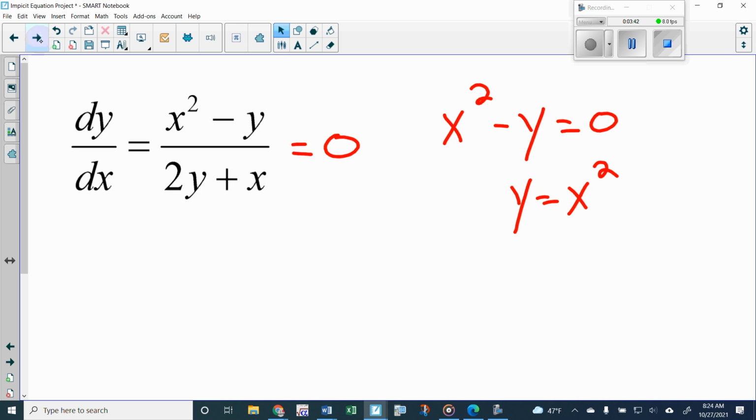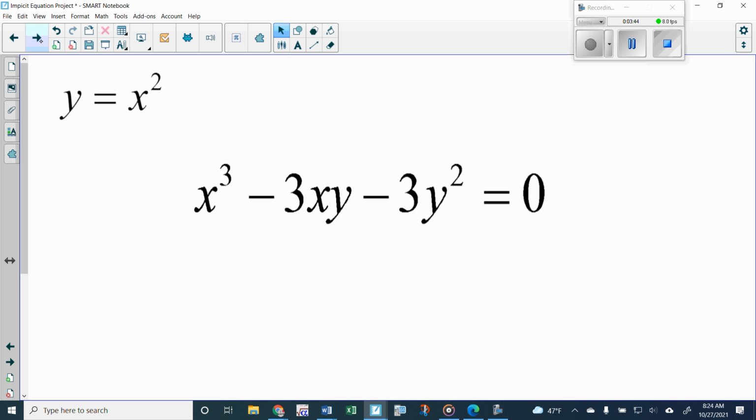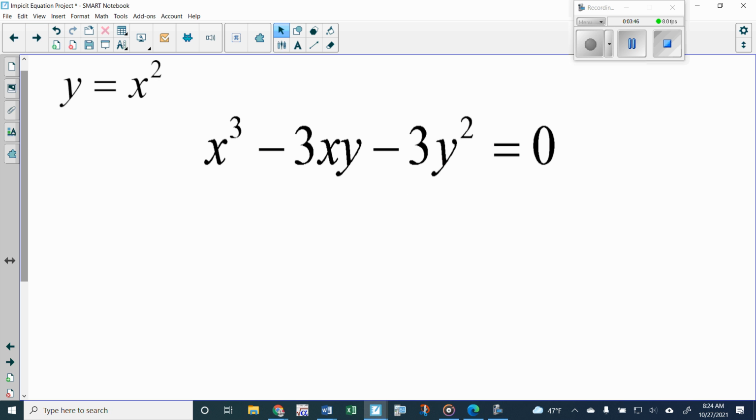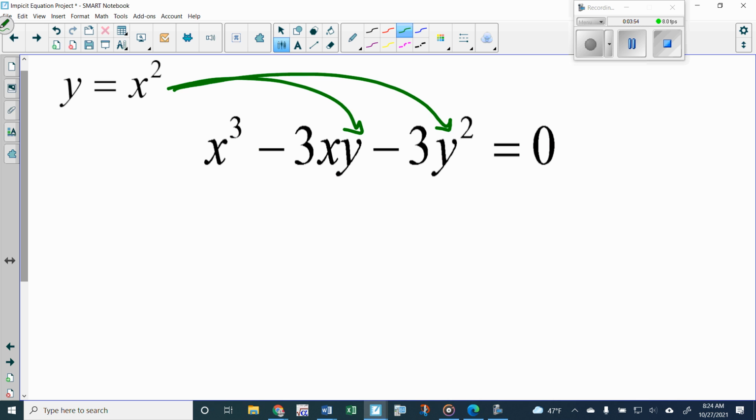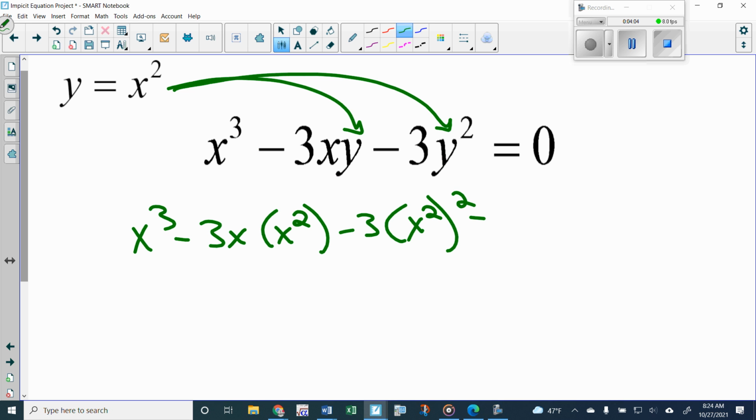We're going to go back. Yep. We're going to go back to our original equation, and I'm going to substitute in this for y. So I have x cubed minus 3x times x squared minus 3 times x squared, squared, equals 0.